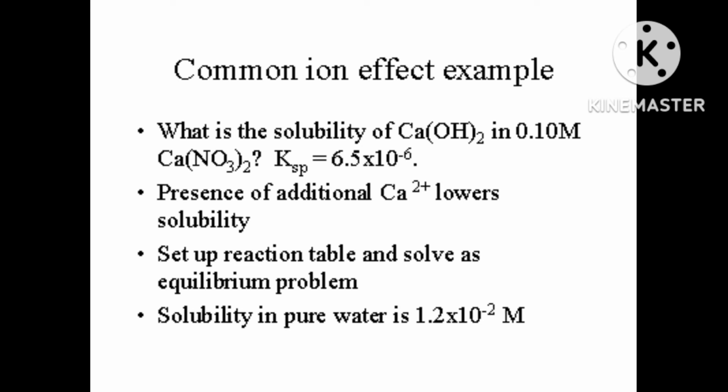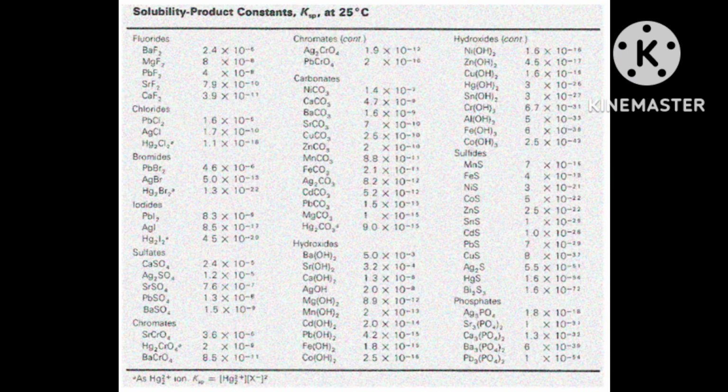One is nickel hydroxide, Ni(OH)2, and the other is silver cyanide, AgCN. For nickel hydroxide it is 2 into 10 to the power minus 15, and for AgCN it is 6 into 10 to the power minus 17. Then the question is which salt is more soluble?